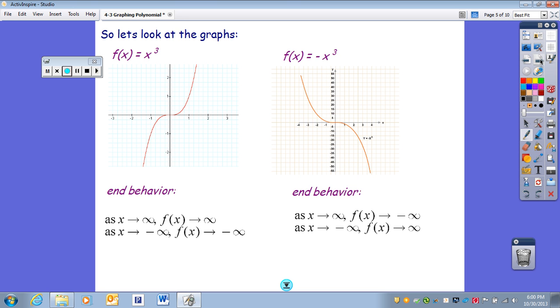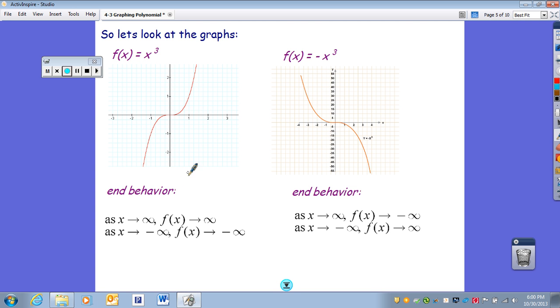In the next slide, I'd like to show you what the parent function looks like for a cubic function with a positive leading coefficient of 1. This is what the function would look like. And as x again approaches positive infinity, so will f of x. And as x approaches -infinity, so will f of x.